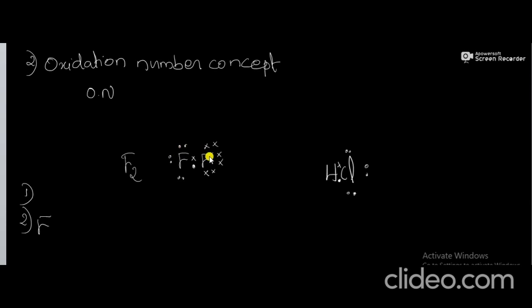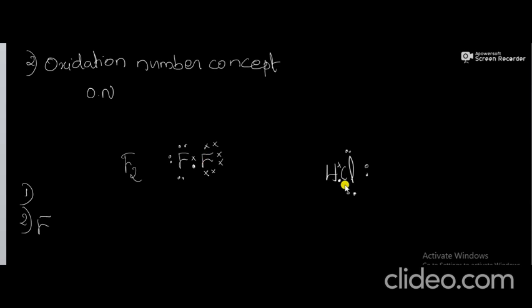This means that the oxidation number of fluorine in the fluorine molecule is 0. Here, two electrons are shared between these fluorine atoms, so they are equally shared. There is no formal charge on the fluorine atom, thereby its oxidation number is equal to 0.